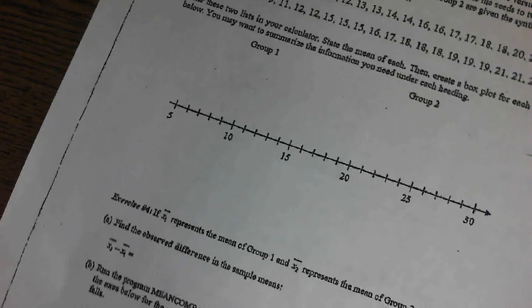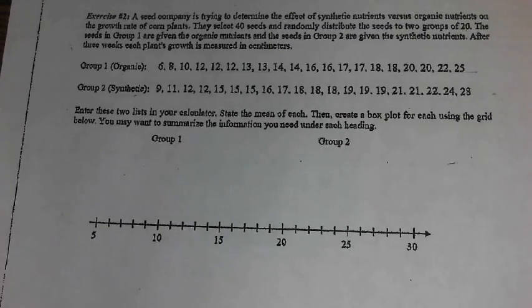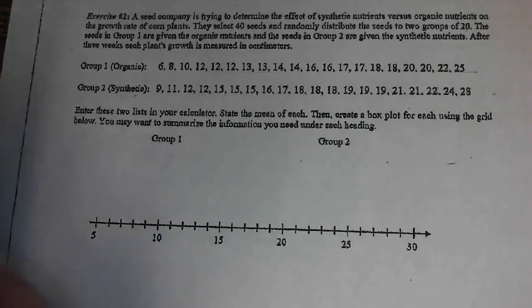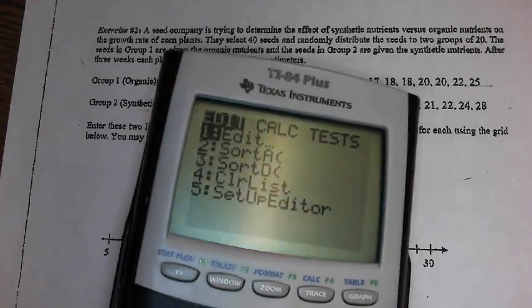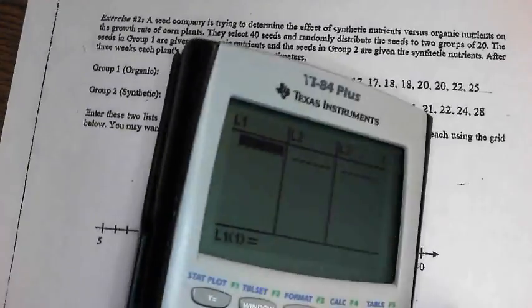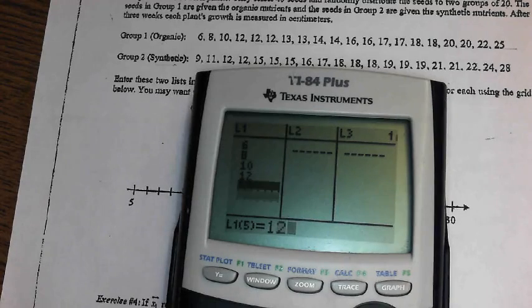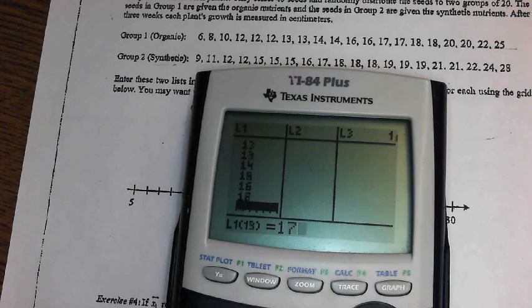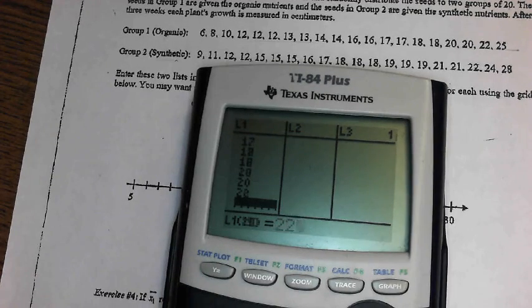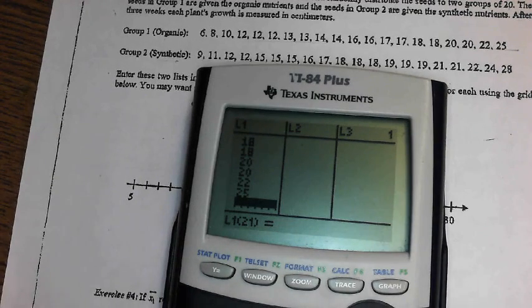Let's do the box and whisker plot to actually see what did actually happen. So, did anyone do this already? I saw some people crunching numbers into their calculator. No? So we go to our list, stat, edit your lists, clear everything out, type in your organic numbers, 6, 8, into list 1.